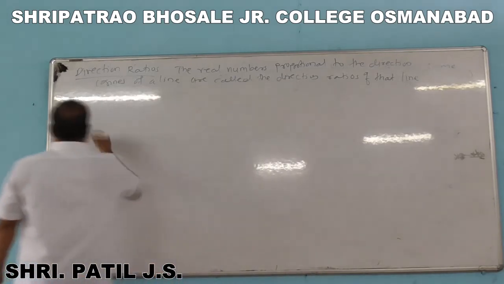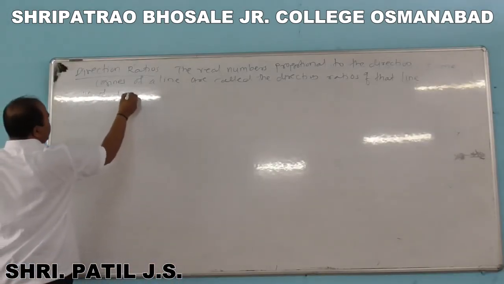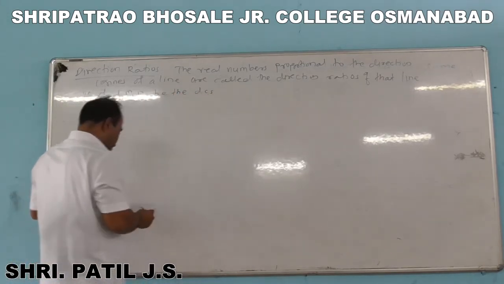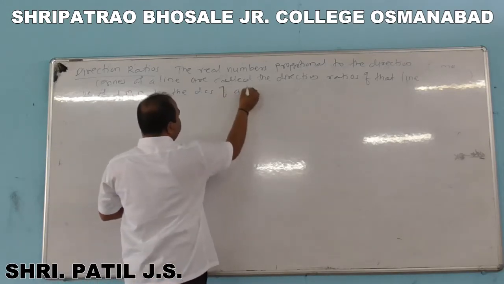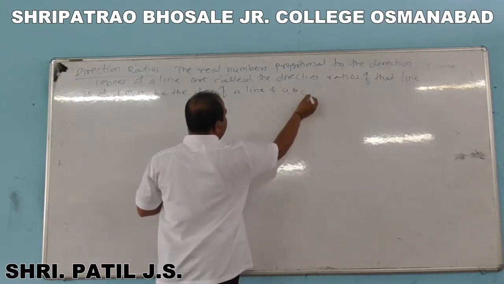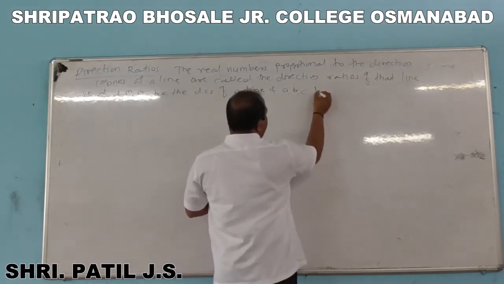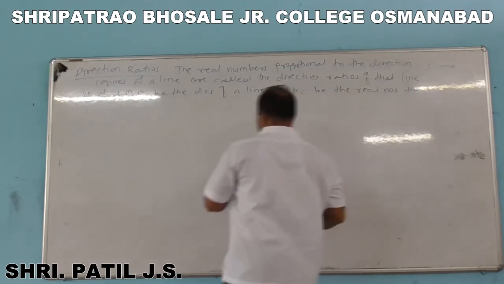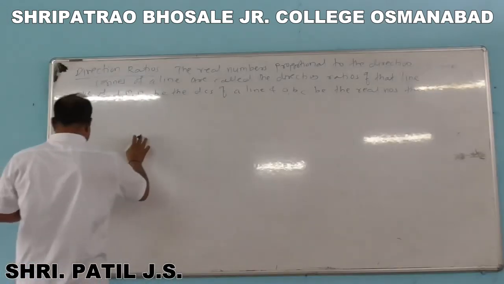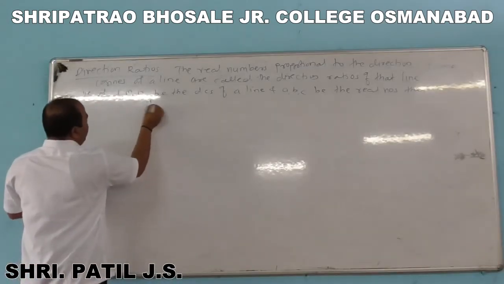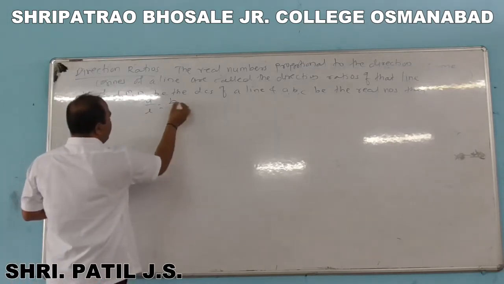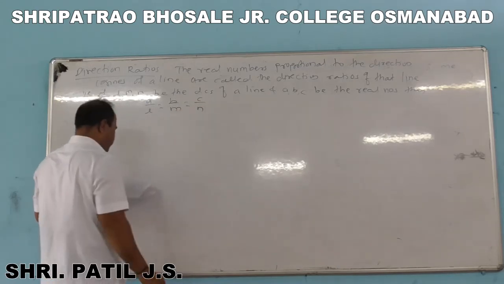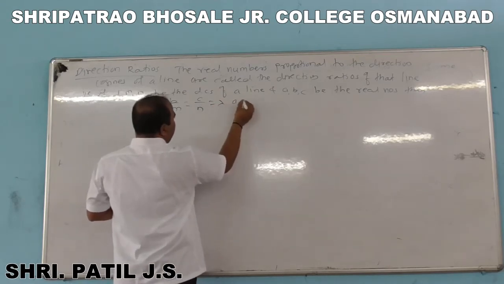That means if l, m, n be the direction cosines of a line and a, b, c be real numbers, then l upon a equal to m upon b equal to n upon c equal to lambda, a constant.